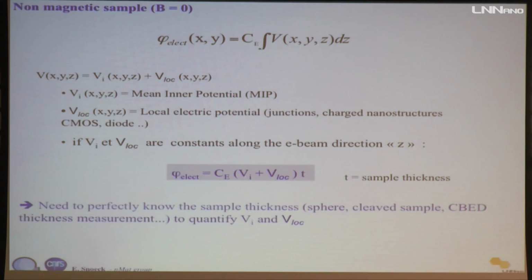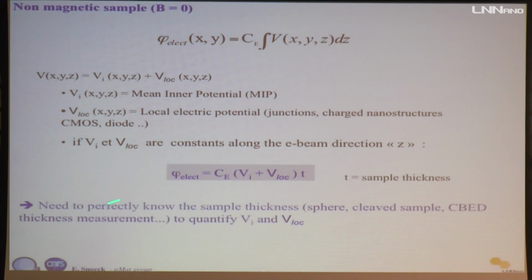The electrostatic potential the electron feels when interacting with the material is not only the mean inner potential of the material itself, but also possible local electrostatic potential. If you have a PN junction, you have a local electrostatic field between the two doped regions, and then you should be able to feel it and measure it.